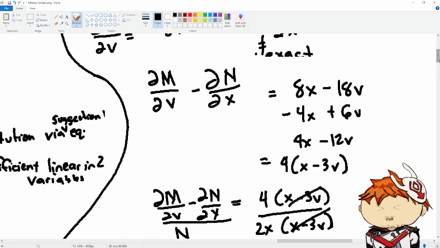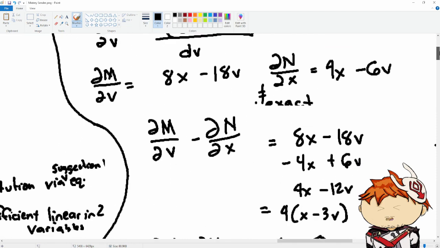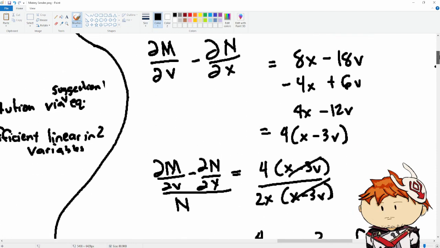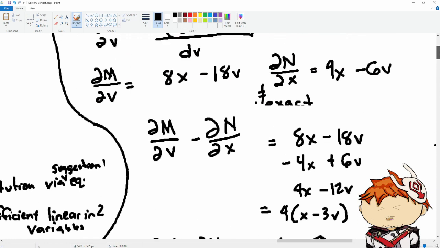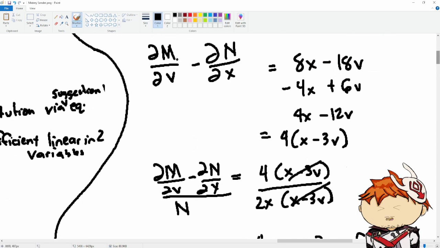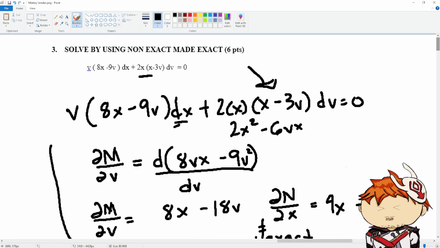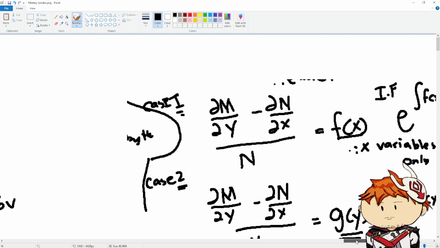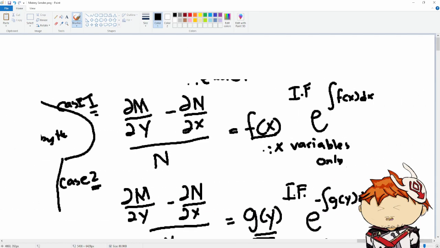So basically, the important thing between non-exact made exact is that you know the process of making it exact. And making it exact is basically you take the difference of the derivative of m with respect to y and n with respect to x: M with respect to y minus N with respect to x.